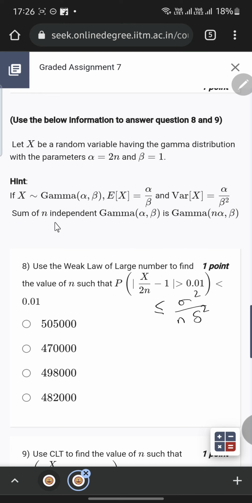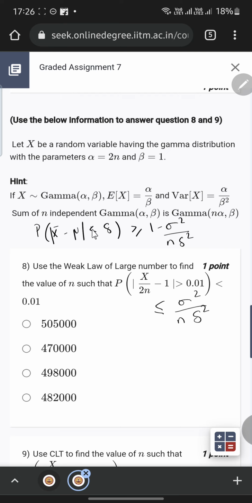The weak law of large numbers is: probability that |x minus mu| is less than delta is greater than or equal to 1 minus sigma square by n delta square.